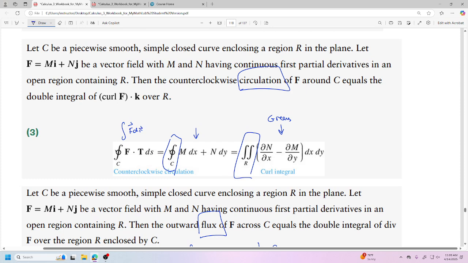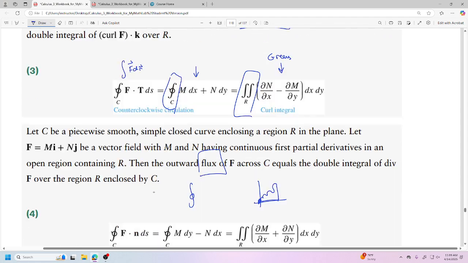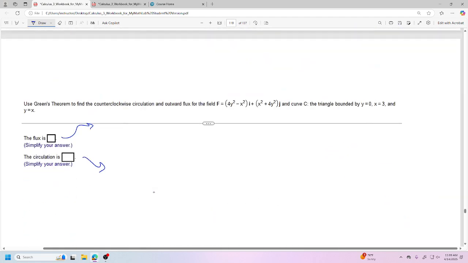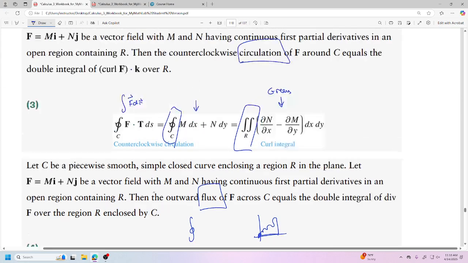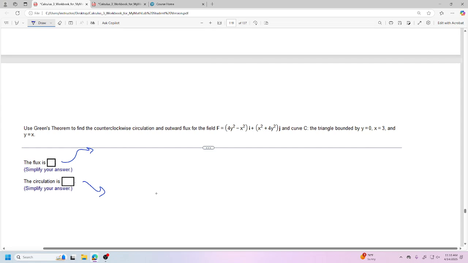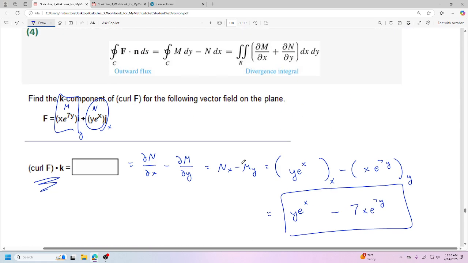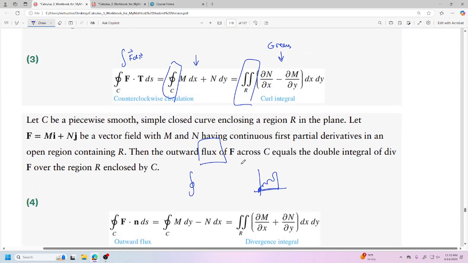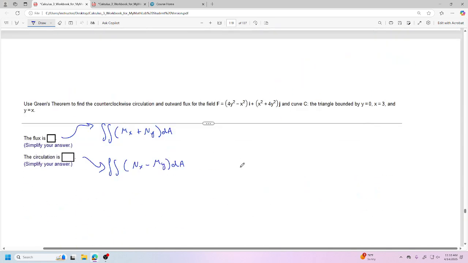So my flux is the double integral of mx plus ny dA. And this one is nx minus my dA. Let me just verify. Circulation. Yep. Okay, we got it.